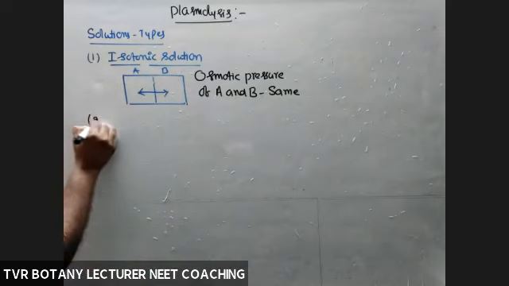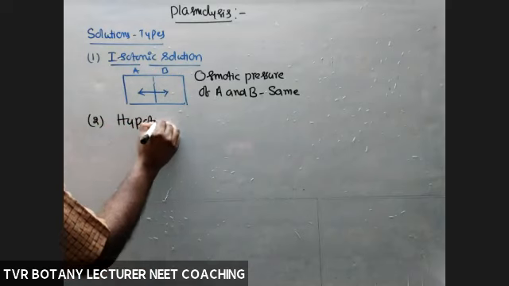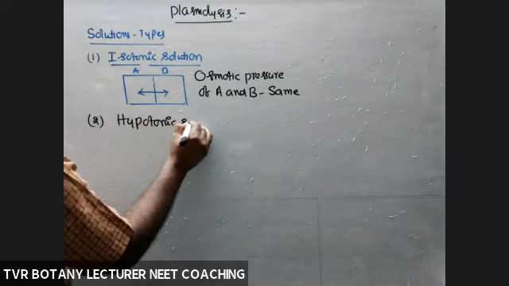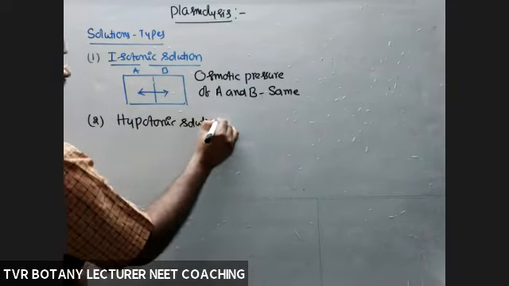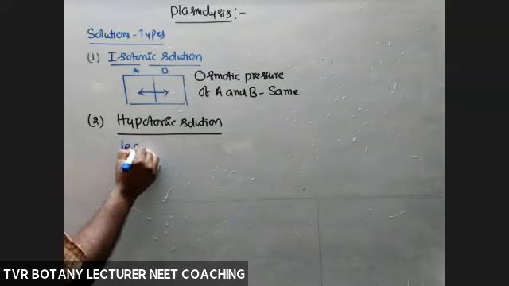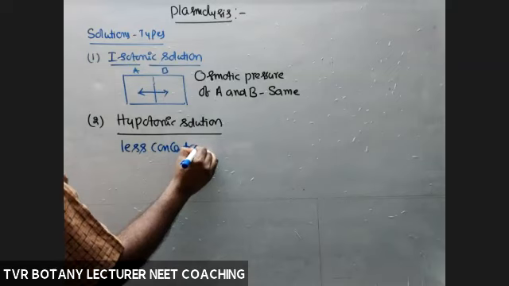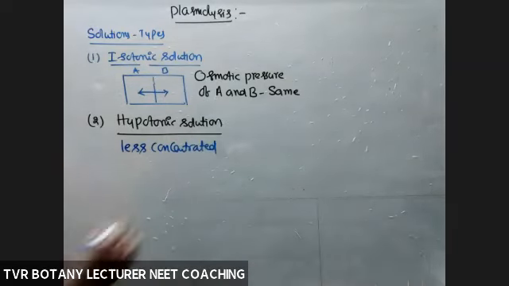And second one, hypotonic solution. So hypotonic solution means less concentrated solution. Number of solutes are very less. Diluted solution. So less concentrated means psi W value is more.